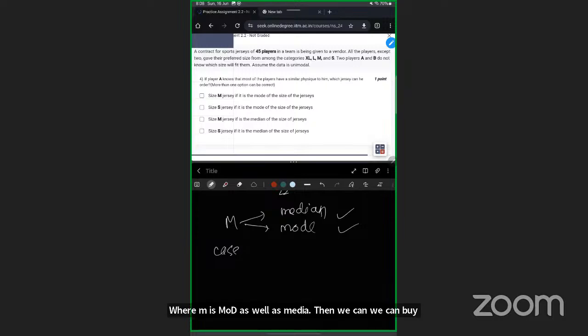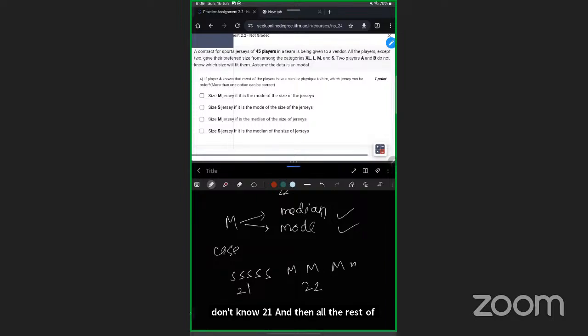To create this case, I'll say that M is median as well as mod. What is the problem? I'll buy S as, say, 21, and then all the rest are M's. There are many cases.